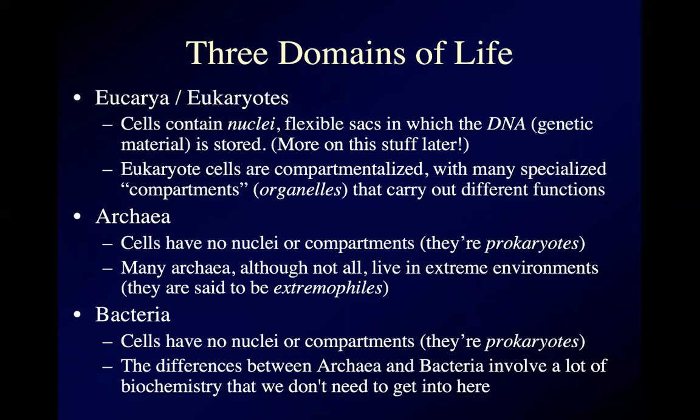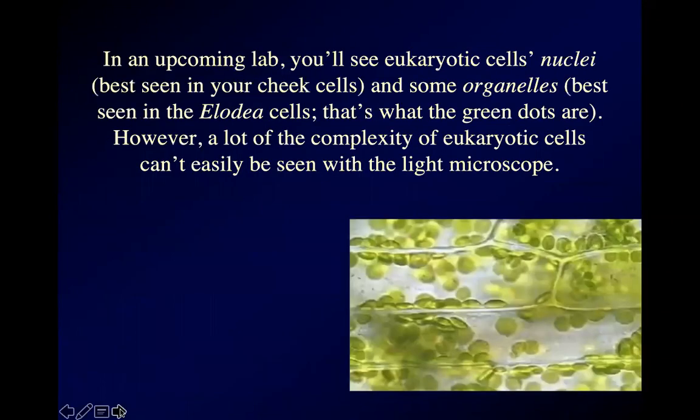There are Archaeans that would live perfectly happily in an instant pot that was on and running, or even a pressure cooker. And not all Archaeans are extremophiles, but there's some famous ones that are. So let me show you what this looks like.